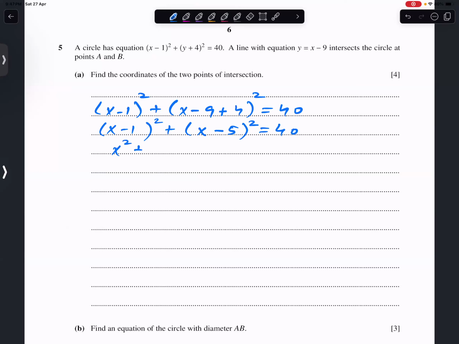So x squared plus 1 minus 2x plus x squared plus 25 minus 10x minus 40 equals 0. So 2x squared minus 12x, and then 26 minus 40, which is minus 14, equals 0.